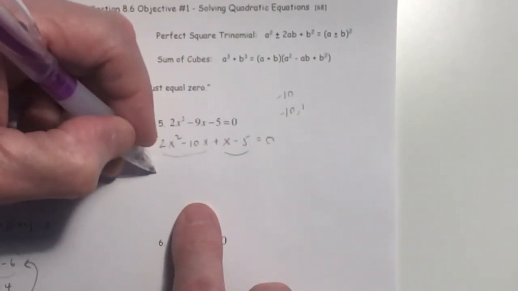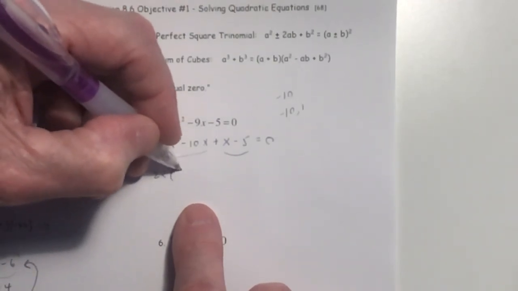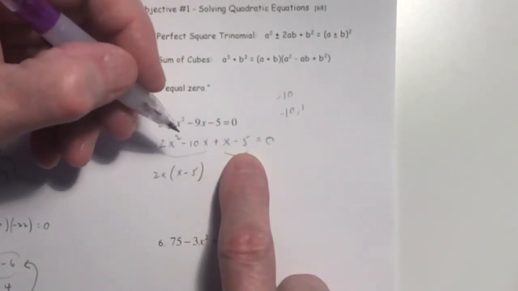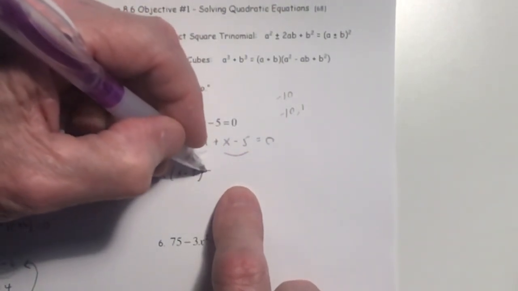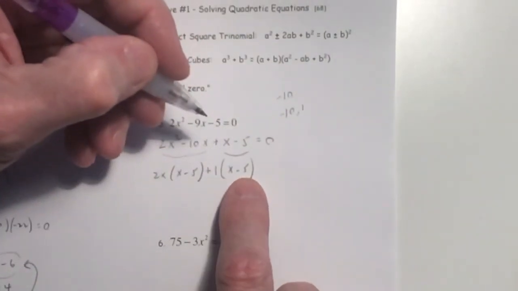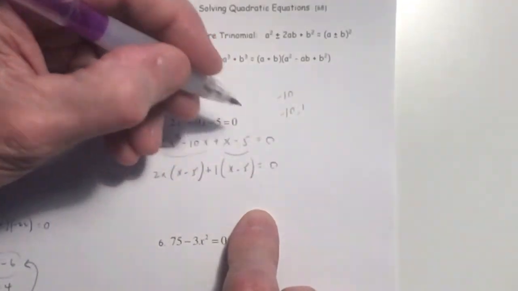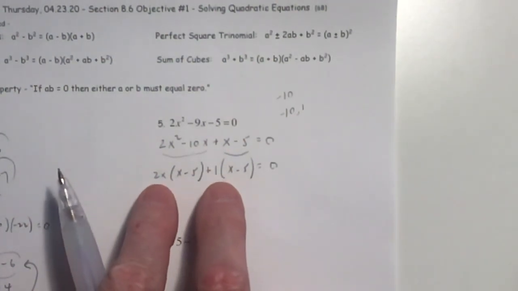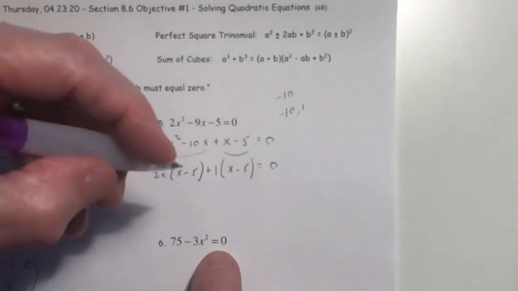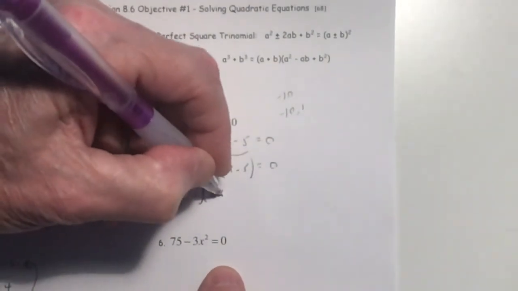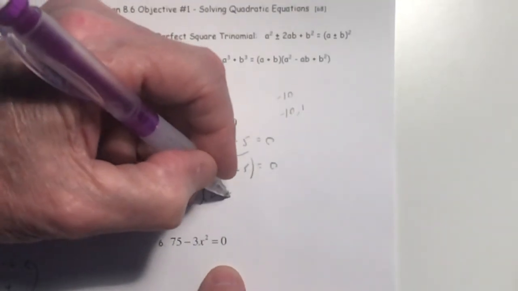Factor out a 2x there. 2x times x minus 5. You don't see any common factor. However, you always have 1. 1 times x minus 5 will make x minus 5. Now, here's the common factor, x minus 5, and the other parentheses will be 2x plus 1. x minus 5, 2x plus 1.